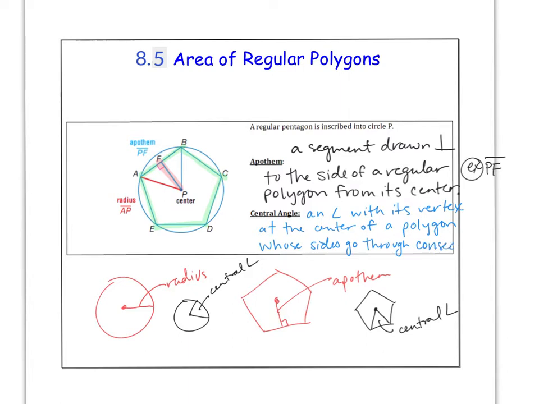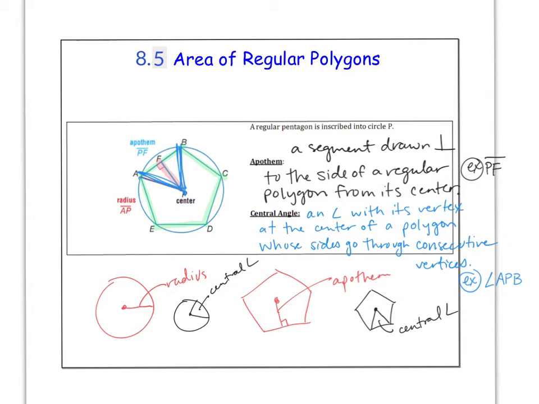Consecutive means right in a row. And an example in this picture of a central angle would be angle APB. This right here, I'll outline it in blue. That would be a central angle of the circle and of the polygon.